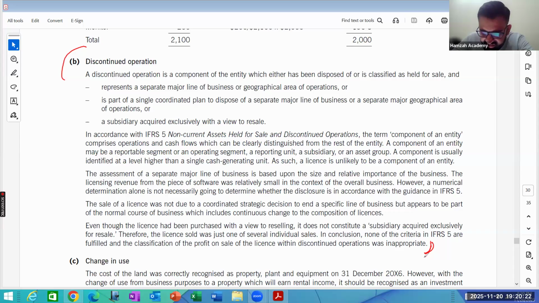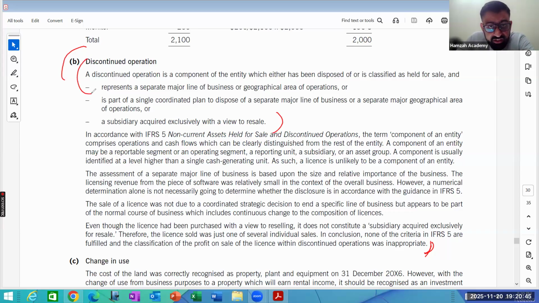And it represents a separate major line of business or geographical area of operation, or is part of a single coordinated plan to dispose of a separate major line of business or a separate major geographical area, or it's a subsidiary acquired with a view to resale. This is the definition of the discontinued operation.